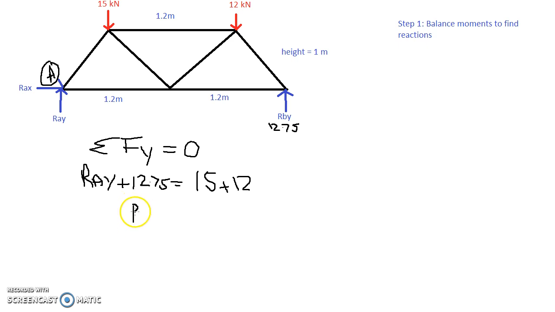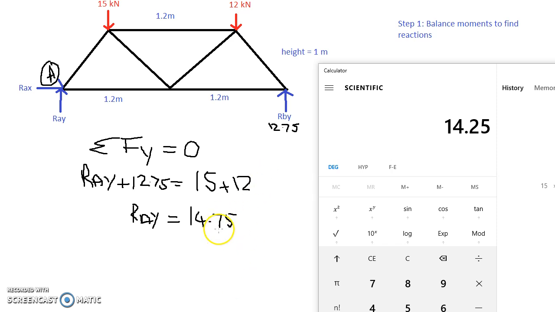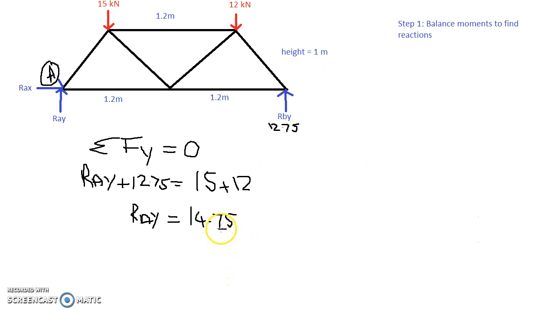So RAY equals 14.25. All right, 14.25. So we've done this 1,000 times before.